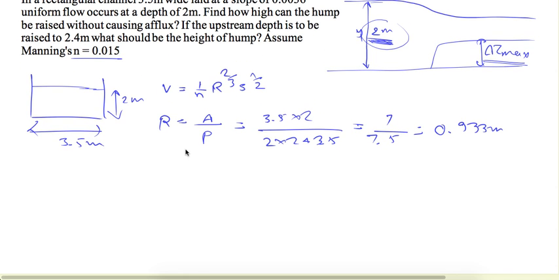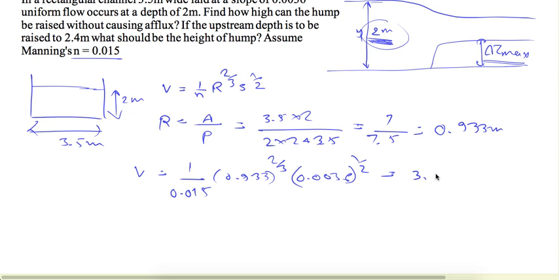So from here, if we put this value in the equation, n is given as 0.015, R is 0.933 to the power 2 by 3, and S is 0.0036 to the power 1 by 2. So the velocity comes out to be 3.819 meter per second.